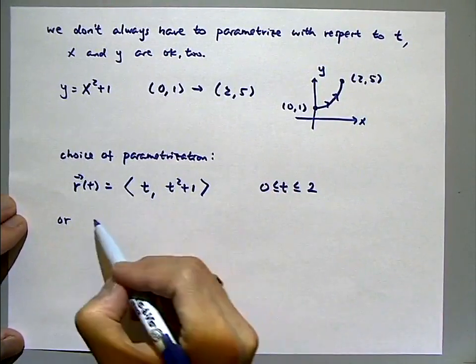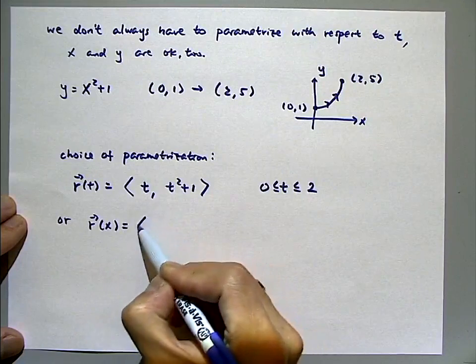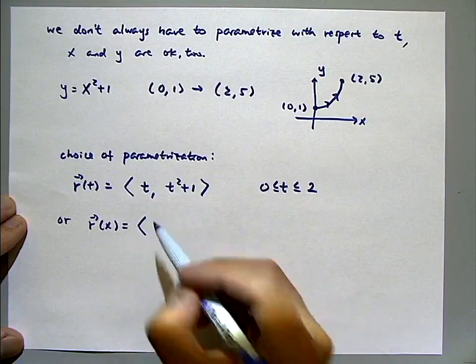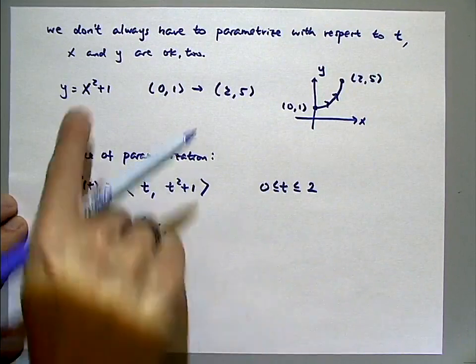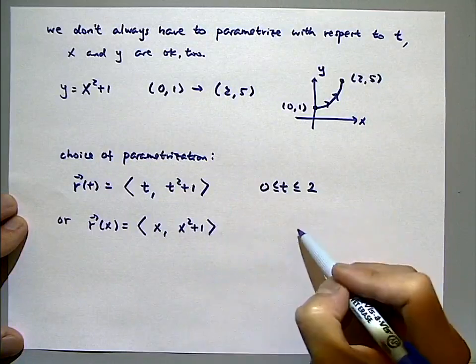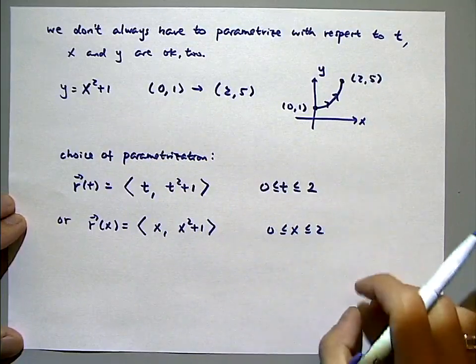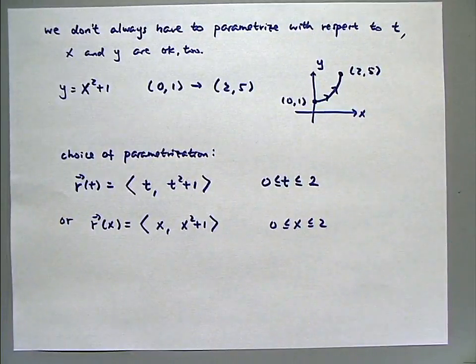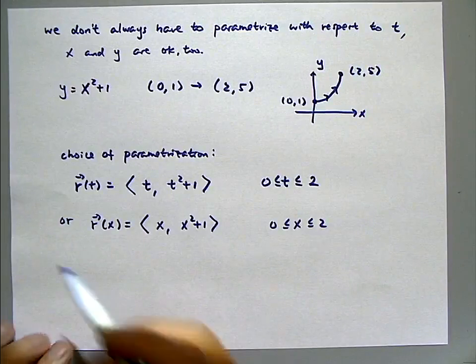Or what we could do is to describe this using x as the parameter. So x is x, of course, and y is equal to x squared plus 1. Then we can say x goes from 0 to 2. And it's really the same parameterization as t. The only thing different here is what you call your parameter.